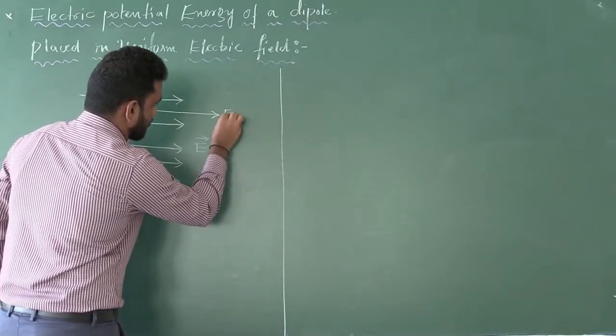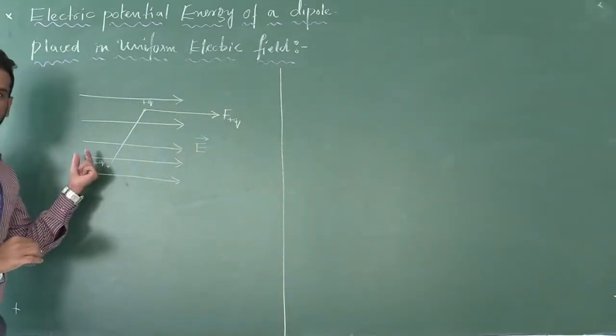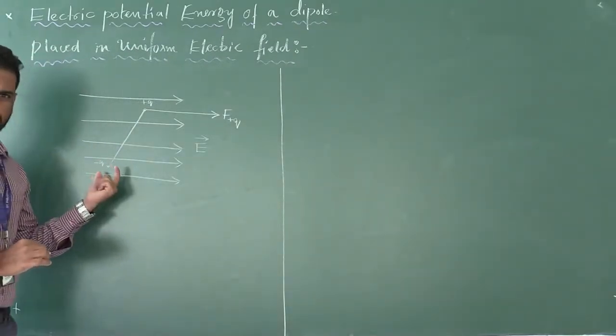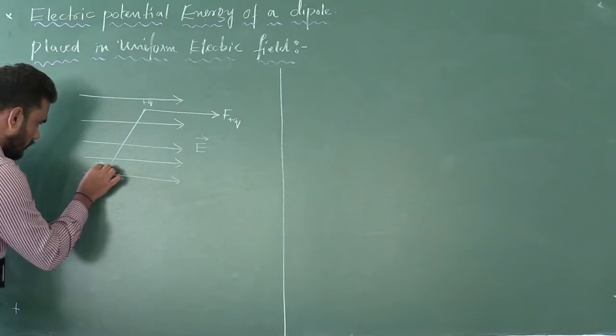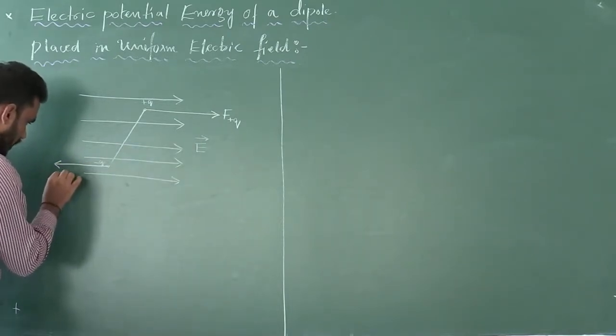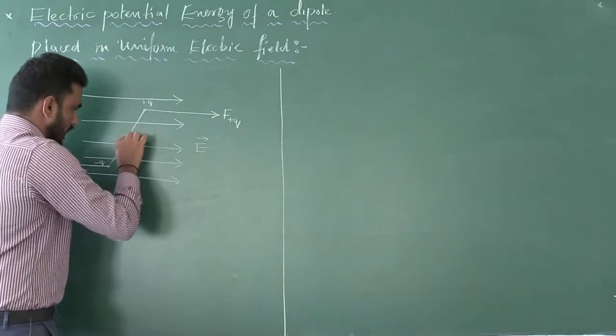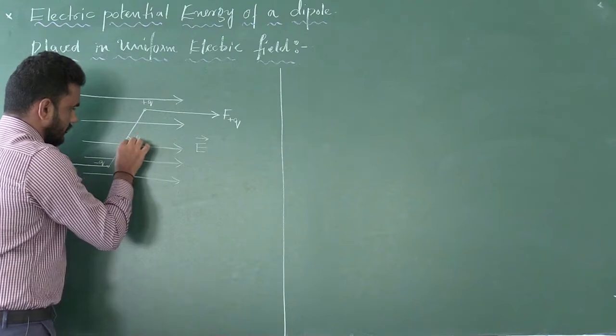We shall call it as F plus Q. Whereas the minus Q also experiences a force in the opposite direction to the uniform electric field. So we shall call it as F minus Q. It makes an angle theta.